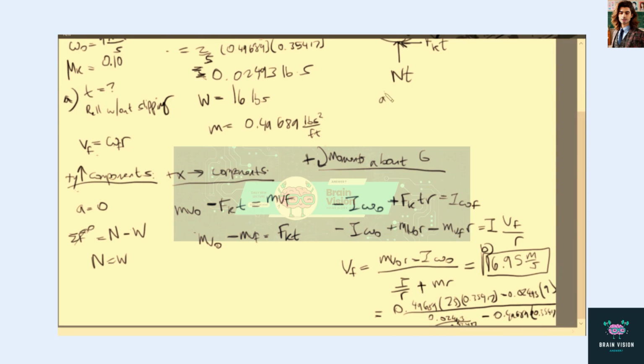We want to find out the answer to A, which is what is the time it's going to take? We know Fkt, so we're going to solve for it down here.